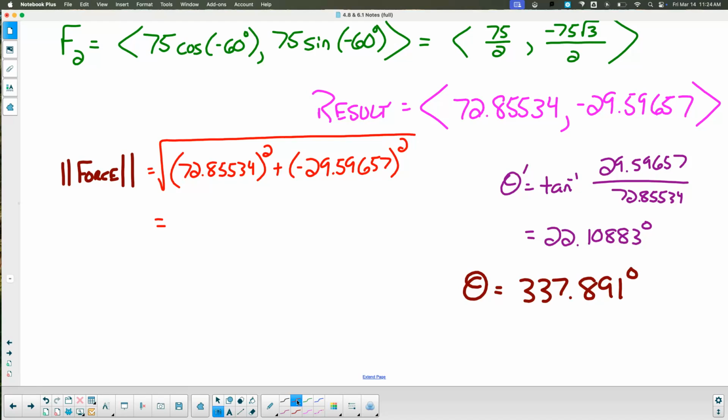Let's see, 72.8554 squared plus 59657 squared is 6183552.